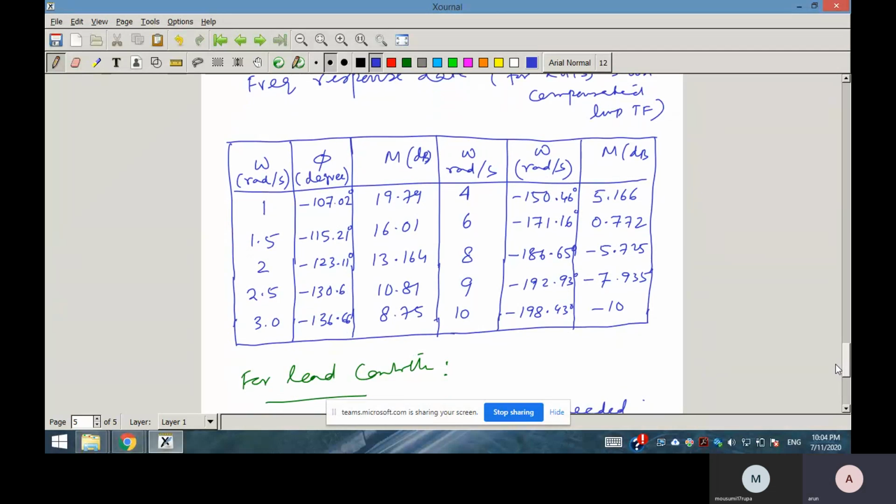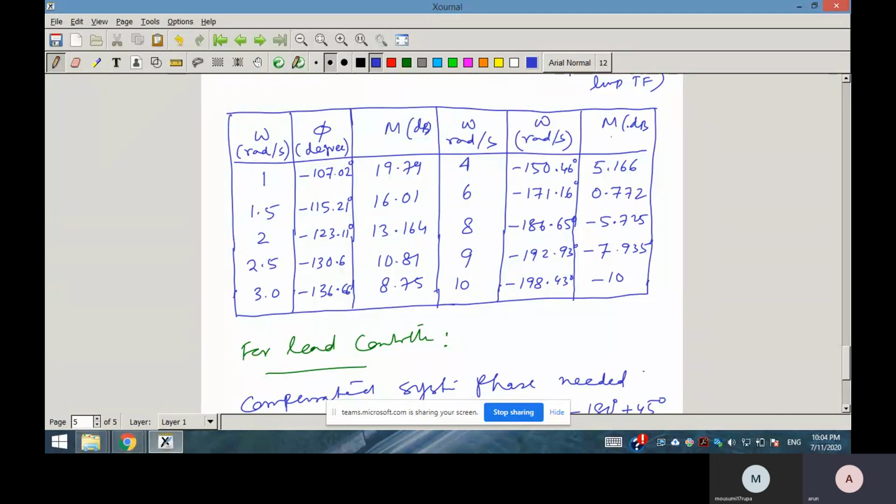If you see the table, this is your phi UC degree, and this is your M UC.